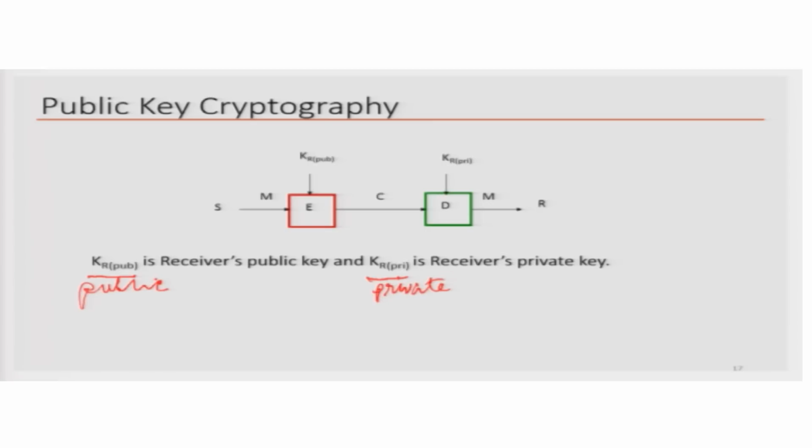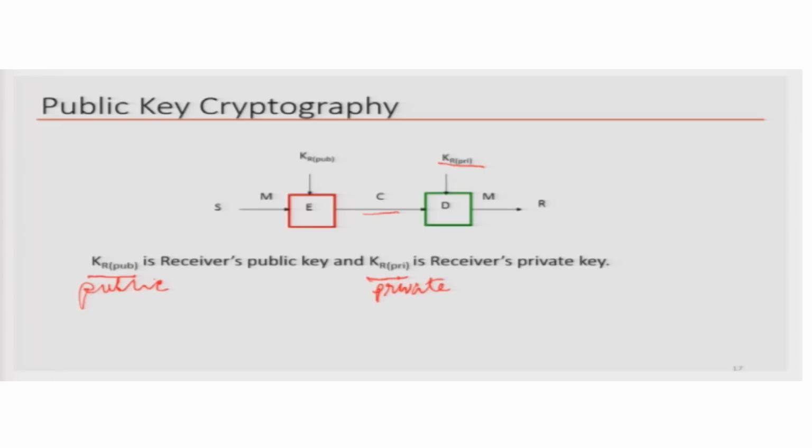So, suppose you want to send me a message and I tell you my public key, I can tell anybody my public key, and what you do is you encrypt with that public key and send me the ciphertext. Since I have the private key and nobody else has the private key corresponding to this public key, only I can decipher the message, and I do not tell this key to anybody, I keep it very closely secret.